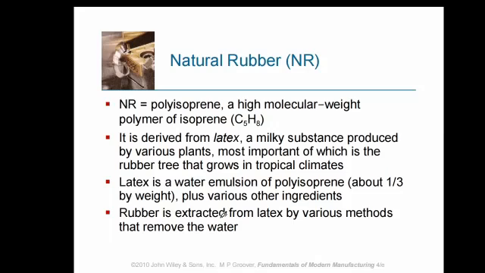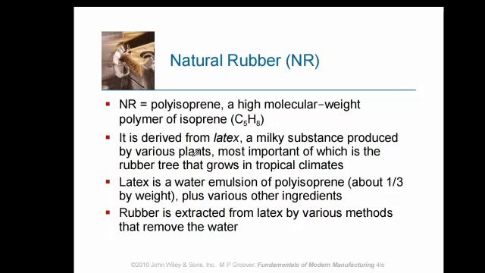So natural rubber, for example, polyisoprene, is a high molecular weight polymer of isoprene, C5H8. It is obtained from latex, which is a milky substance produced by various plants.